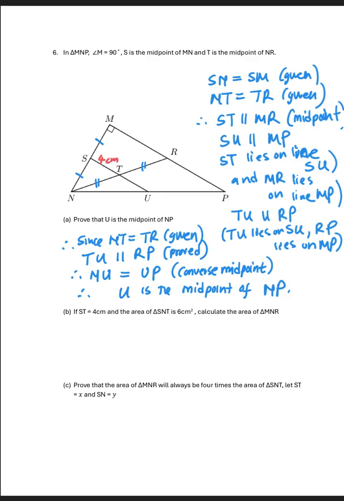And the area of triangle SNT is 6 centimeters squared. Calculate the area of triangle MNR. So in order to calculate the area of triangle MNR, we need to have the length of MR, right? So what is the length of MR?